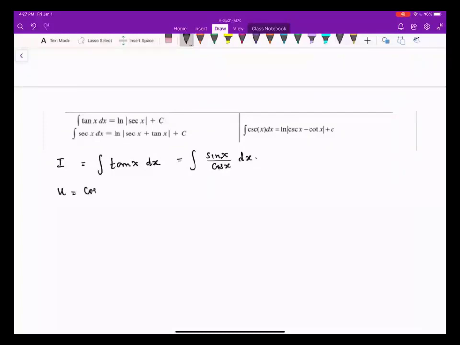U sub: I'm going to take cosine x, the denominator, as my u. Then what is du? Negative sin x dx. So this I would become, the numerator is sin x dx, and sin x dx would be negative of du.